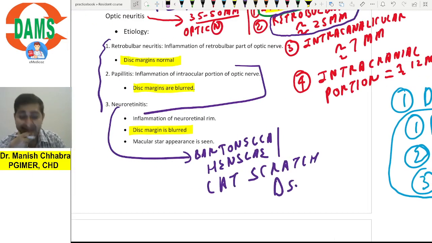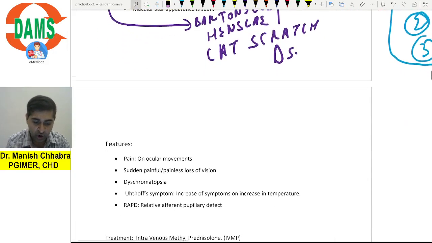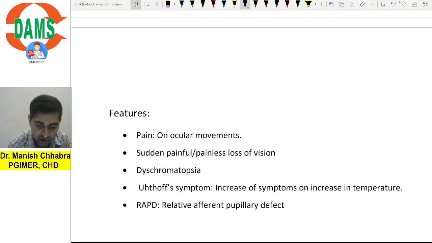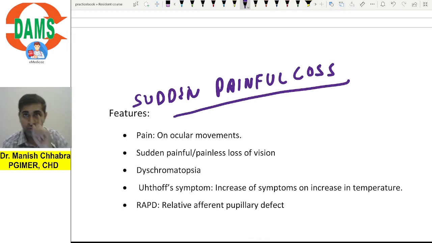Now, what will be the clinical features? First is sudden painful loss of vision. Second, you need to know that the outer sheath of the optic nerve is in contact with the sheath of the superior rectus muscle.